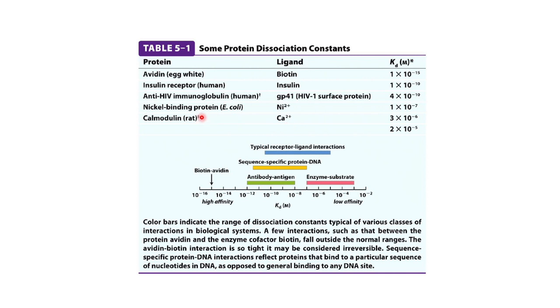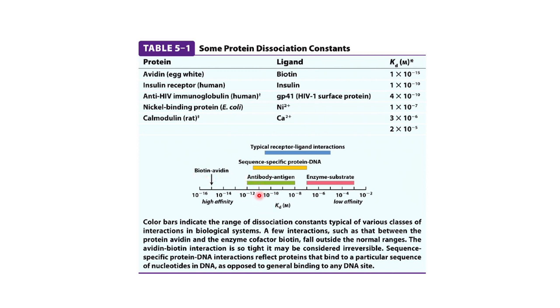Then you have nickel binding proteins in E. coli with the nickel ion, that is 3 into 10 to the power minus 6, and calmodulin with Ca2+ has 3 into 10 to the power minus 6. Now see, a lower Kd value means higher affinity, which you can see for biotin avidin.